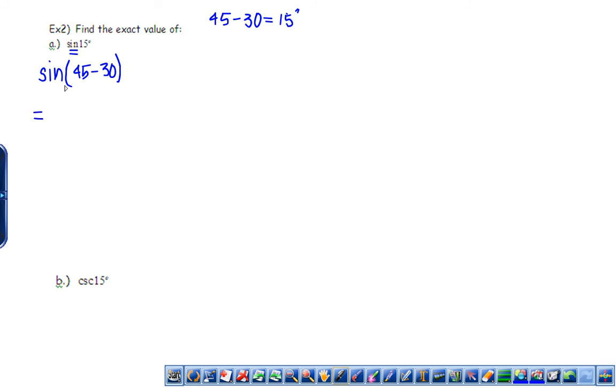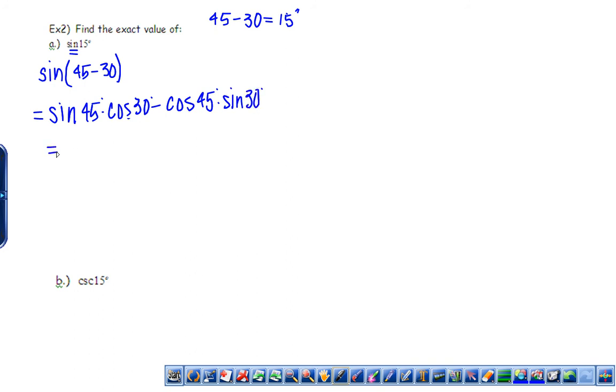Now look on your arguments, and let's find out what this is equivalent to. That would be equivalent to sine of 45 degrees times cosine of 30 degrees minus cosine of 45 degrees times sine of 30.